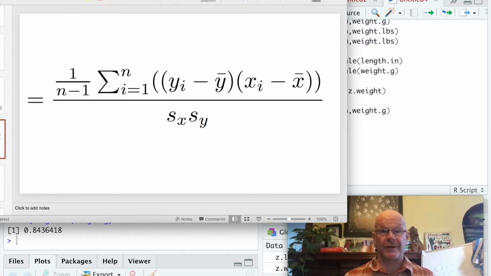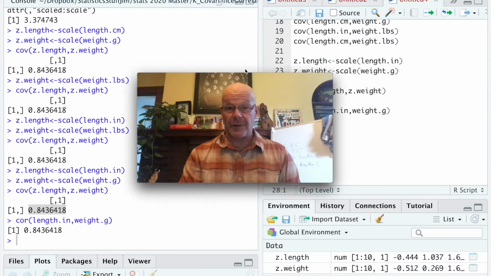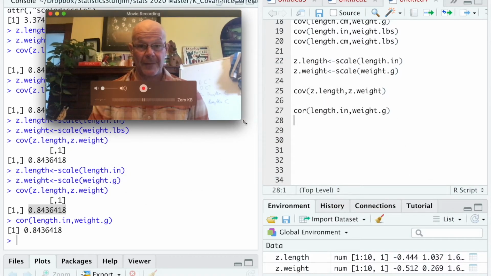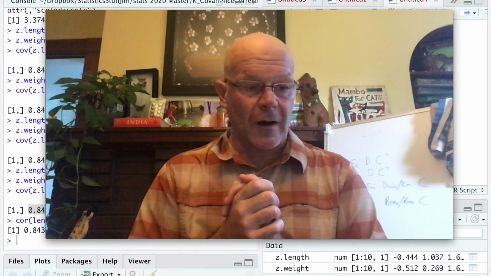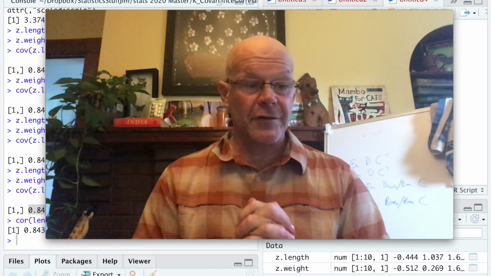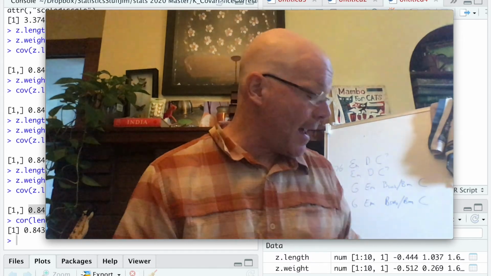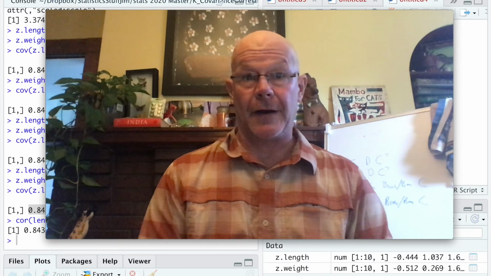That's going to z-transform it. That's going to put it into our happy place that we want to be in when we're dealing with standardized covariance, or the correlation, as we would like to call it, which is also called the correlation coefficient, and it's usually shown as a little r, the little letter r.